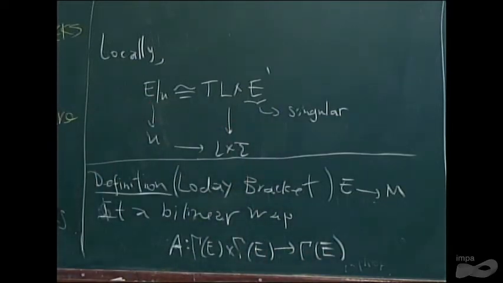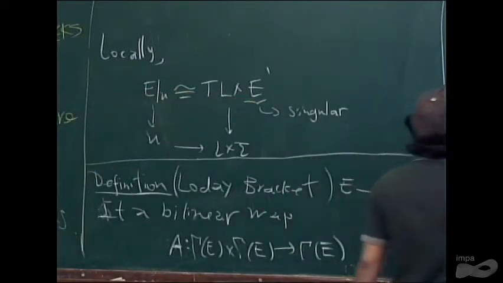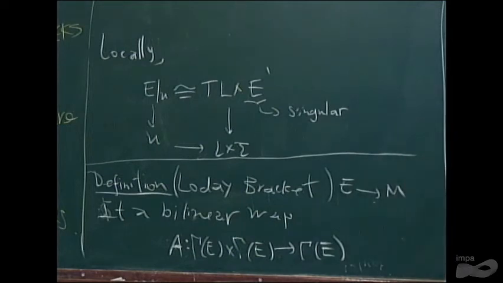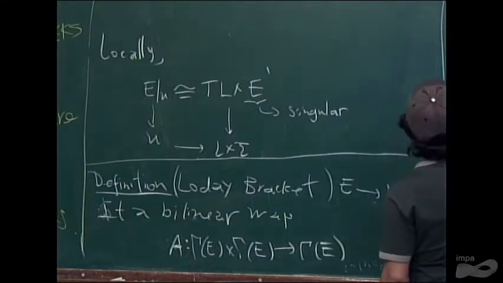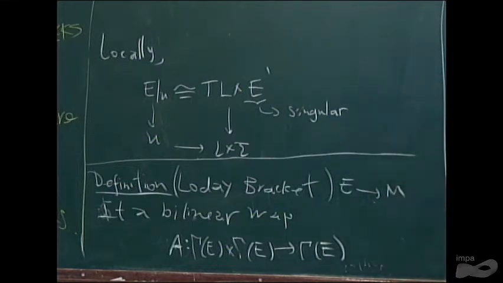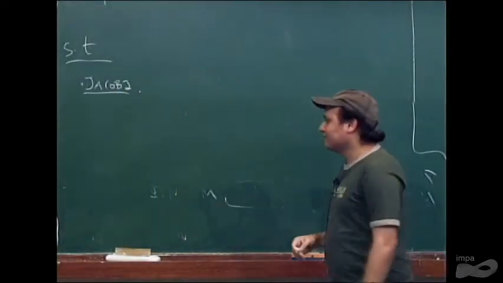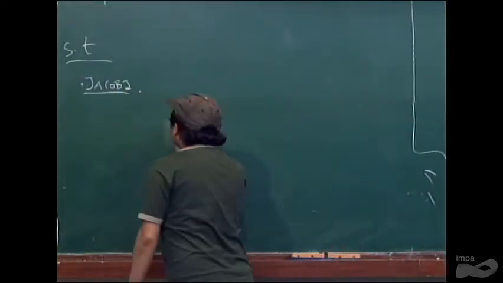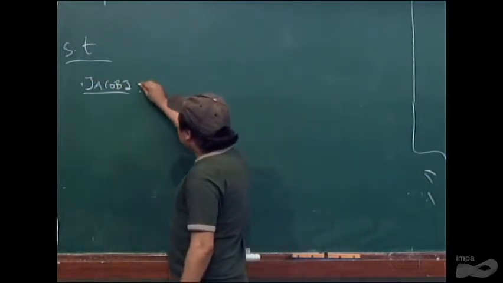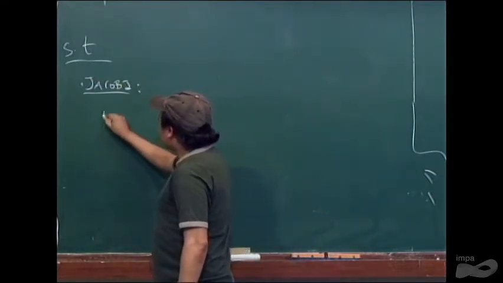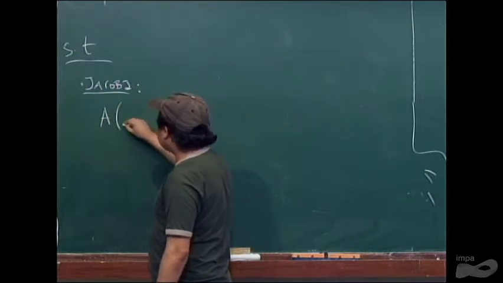just like a Lie algebra, but it's not a Lie algebra, satisfying these two conditions. It also has to satisfy the Jacobi identity, just like in the case of Lie algebras or Lie algebroids, but the modified one, that's the version for Leibniz algebra.